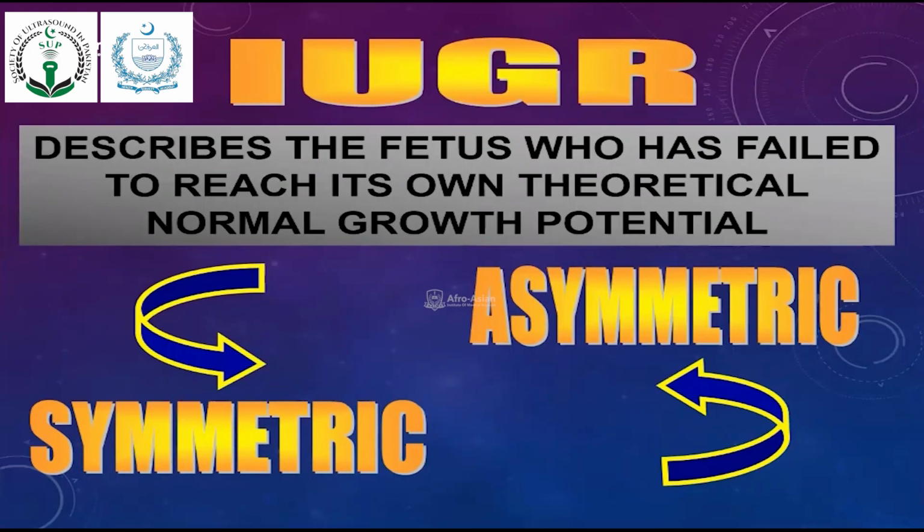IUGR, intrauterine growth restriction, describes the fetus who has failed to reach its own theoretical normal growth potential. It can be mainly of two types, symmetrical and asymmetrical, or we call it symmetric or asymmetric IUGR.